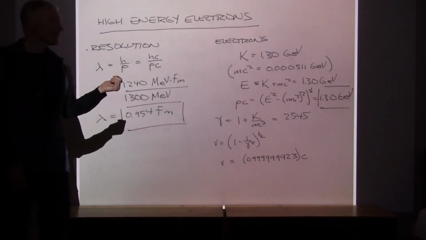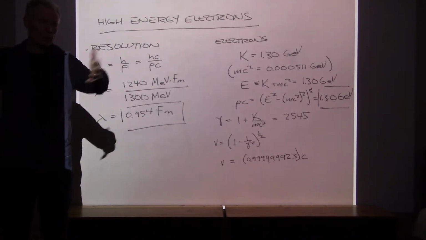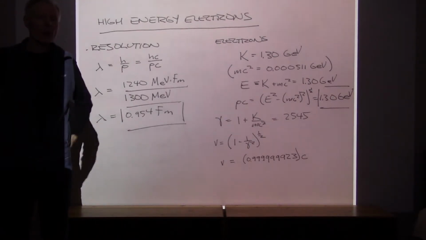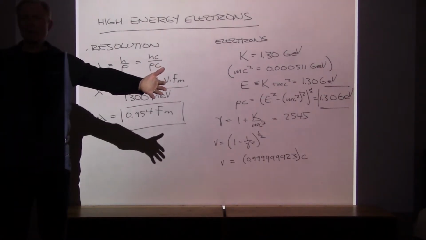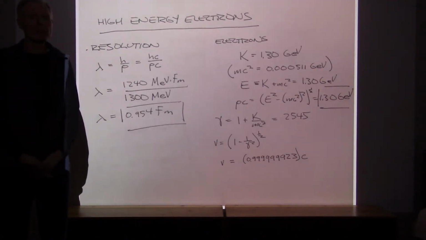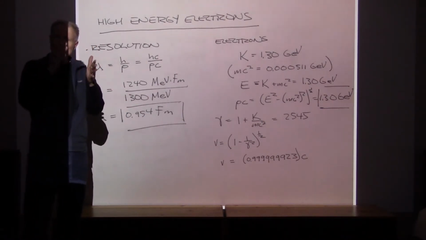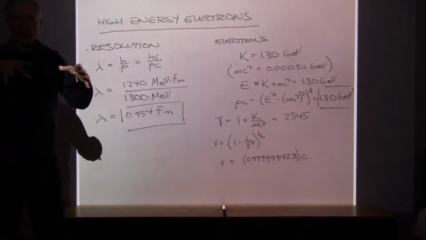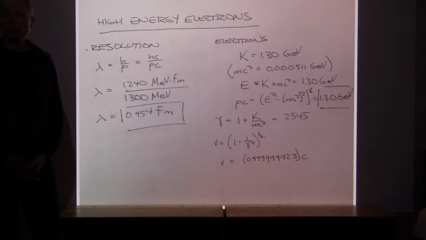Now, these experiments were actually run at the Stanford Linear Accelerator Center down the peninsula in Palo Alto. It's a U.S. national lab, the same as Lawrence Berkeley National Lab. They have a 3-kilometer long linear accelerator that brings electrons up to high speed. The first experiments done there took these electrons and ran them into hydrogen targets, liquid hydrogen or something, seeing how the electrons scattered off those protons.